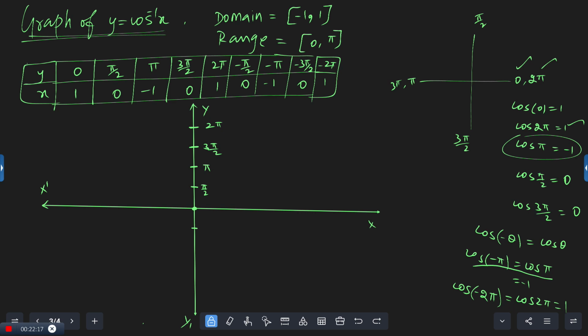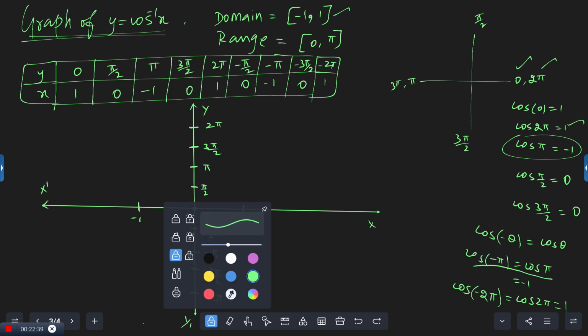In the same manner in the negative direction: minus pi by 2, minus pi, minus 3 pi by 2, minus 2 pi. Here the greatest number is 1 and the smallest number is minus 1. We have a domain here, as I have mentioned.